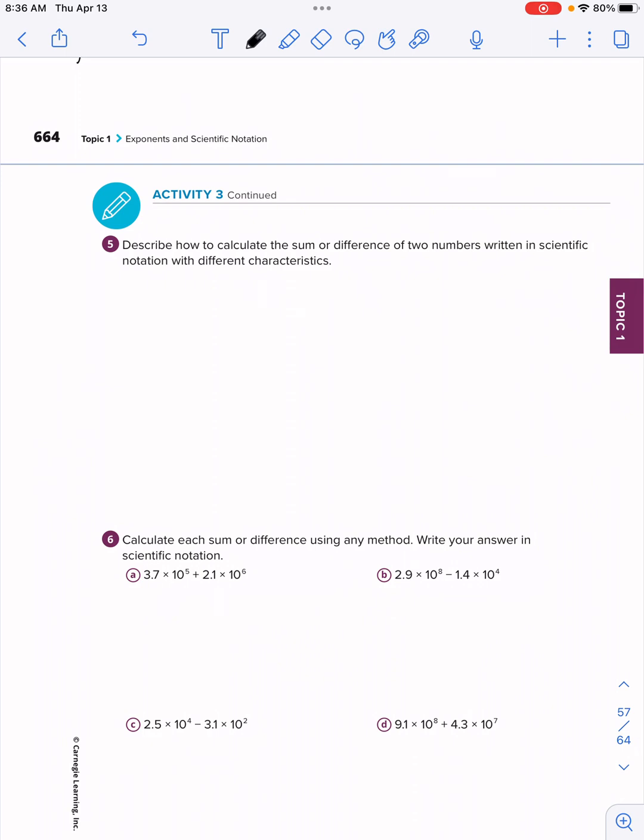So describe how to calculate the sum or difference of two numbers written in scientific notation with different characteristics. So you need to think about this like when you add fractions, you need a common denominator. We need something also in common. So to add two numbers written in scientific notation with different characteristics, you need to rewrite one of the numbers to have the same characteristic.